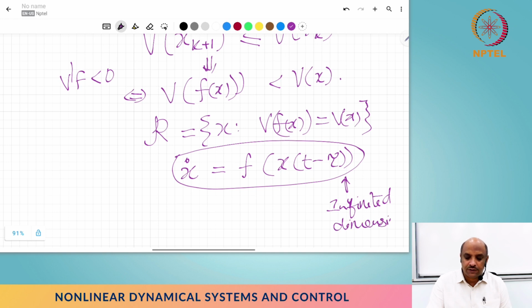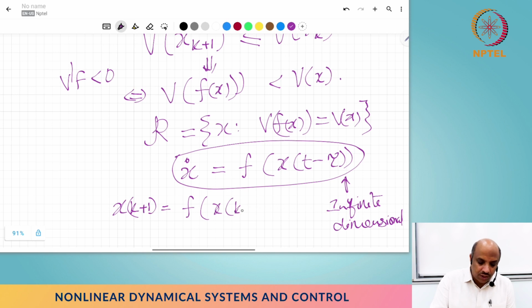So if you want to address stability and things like that, the definitions extend quite easily, but the subtleties involving infinite dimensional systems are quite painful, and we end up possibly making a mistake if we are not careful. Lucky for us, whenever we have a discrete time system, something like theta, where theta is also an integer, because all of these are integers, the difference between this and this is going to be finite, right?